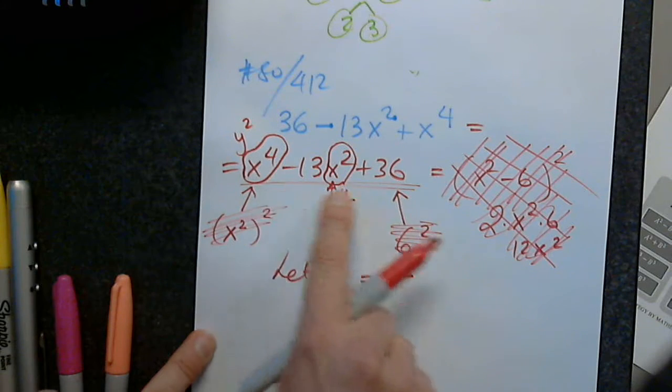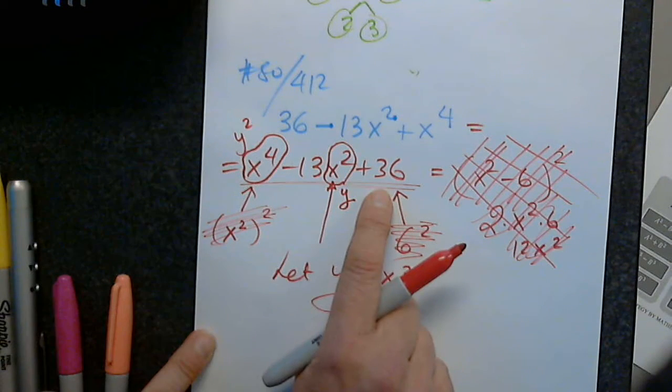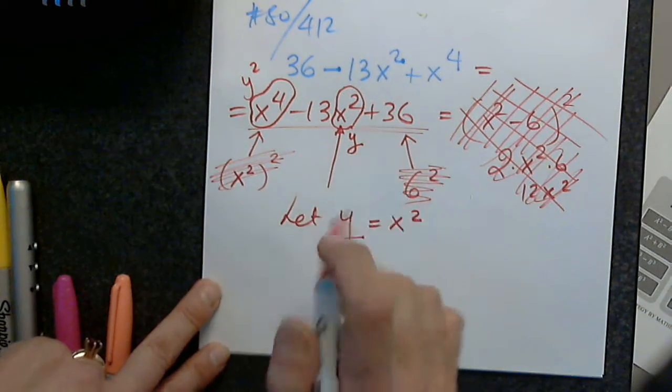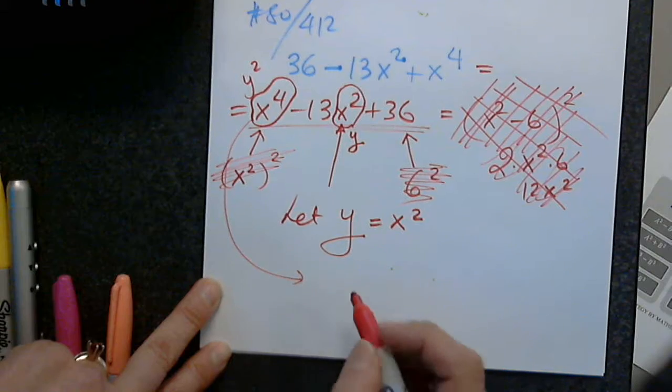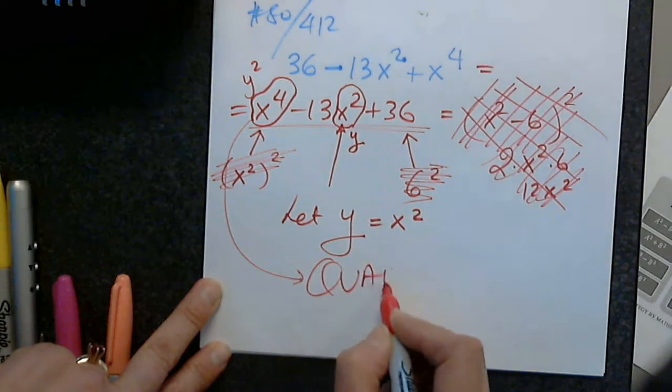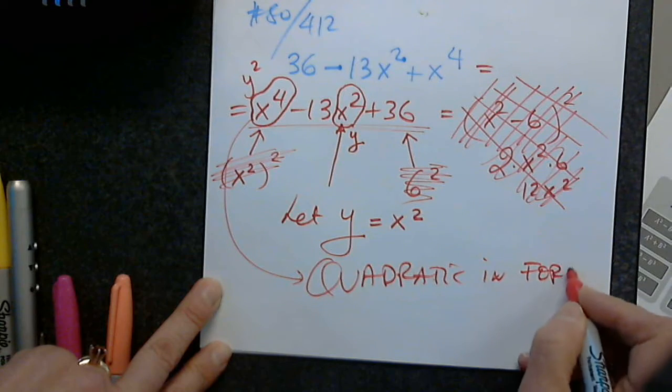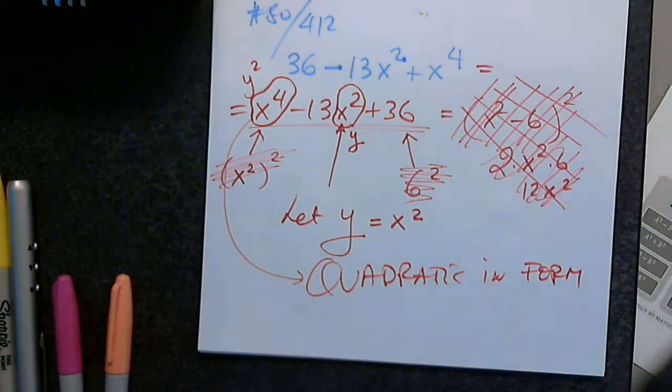So this polynomial, what is its degree? 4. So although it has degree 4, we call this polynomial quadratic in form. It's not quadratic. We know it has degree 4. Quadratic means degree 2.